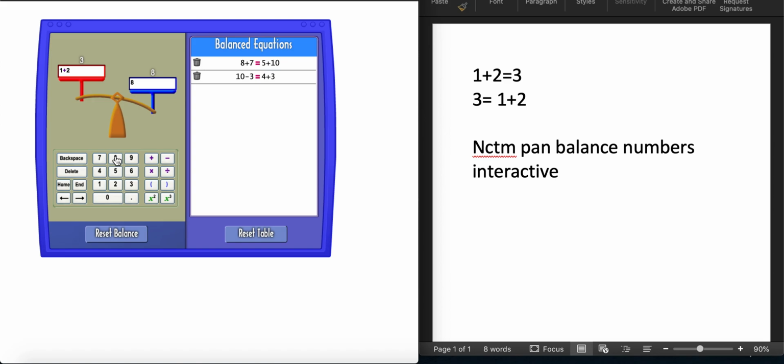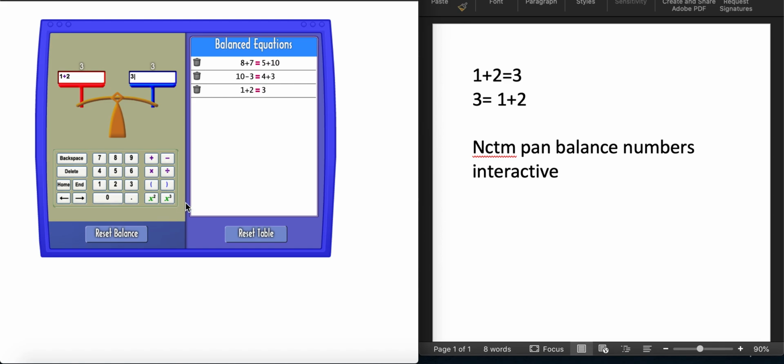And we can see that the heavier one is what is lower. If I were to just put 3 on this side, it would also equal out as well.